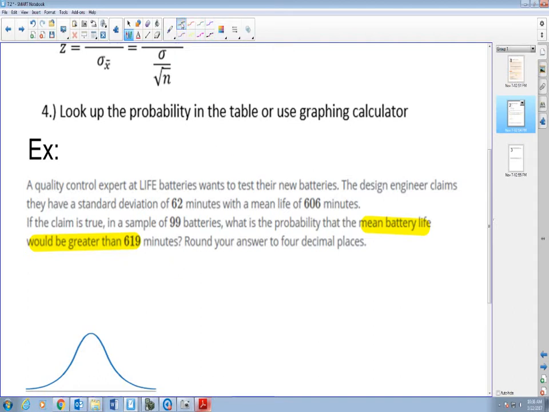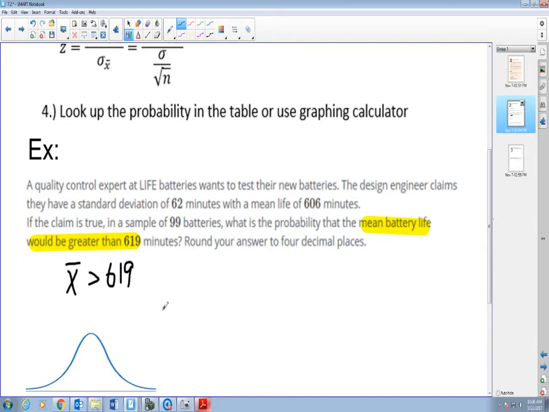So let's write down what we know. Our X bar, the sample mean that I need to convert into a z-score, is 619, and this part wants me to find greater than 619, because normally the mean is at 606.